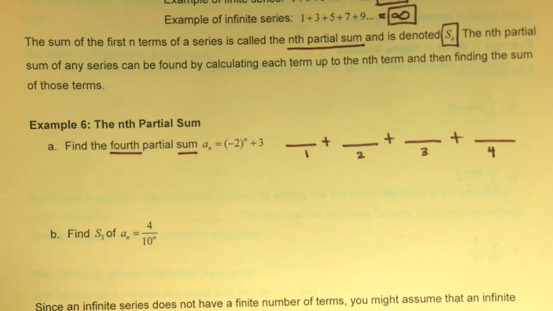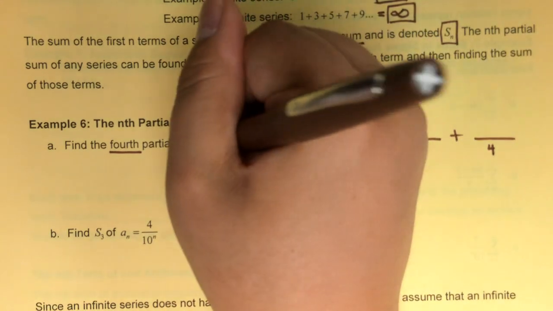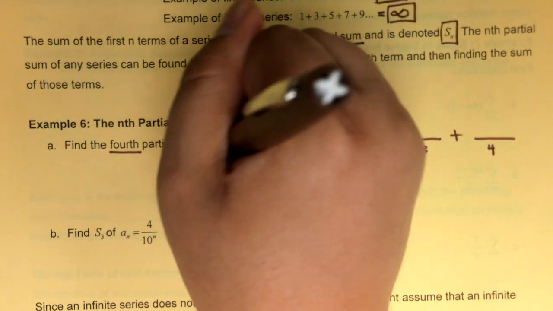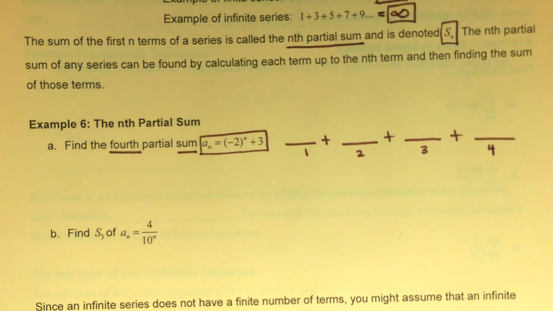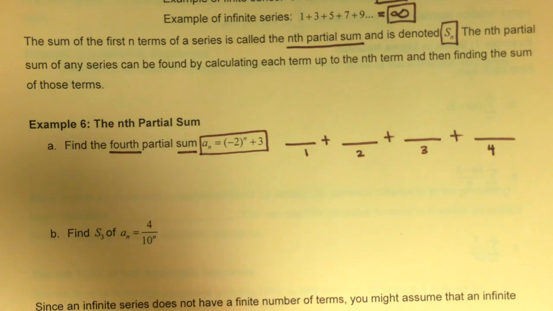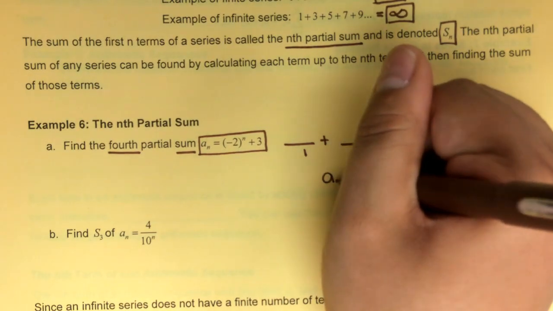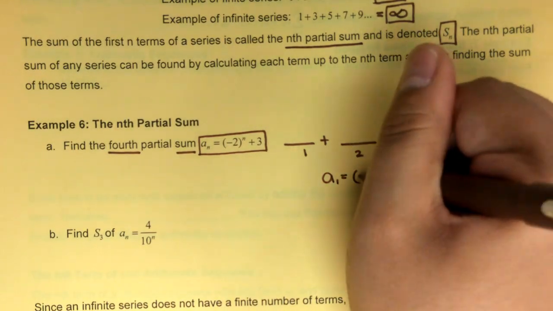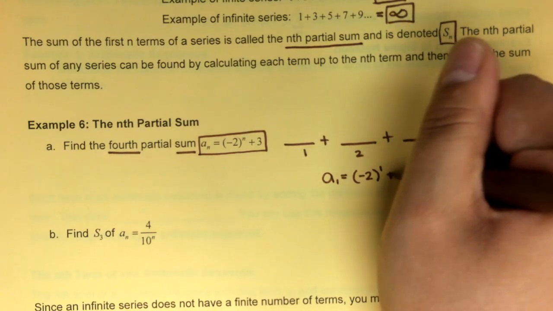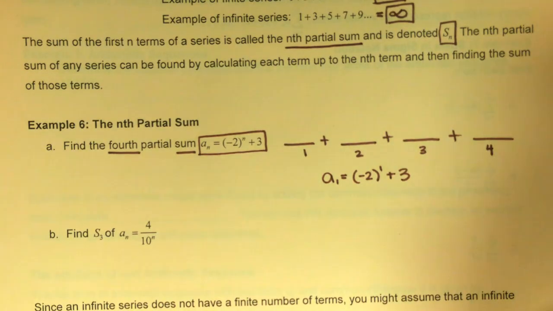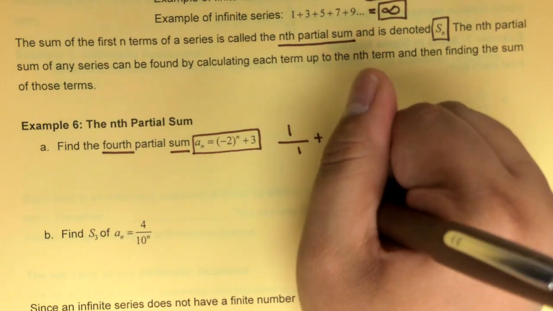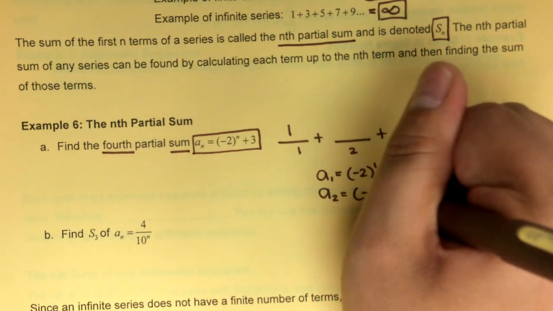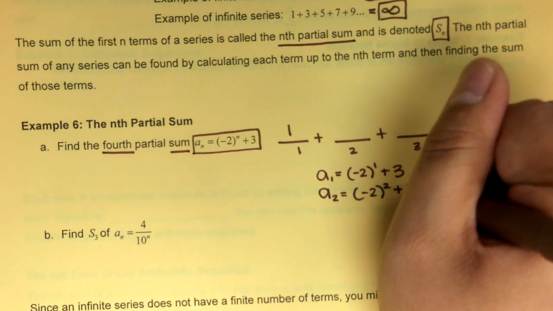Well, how do I figure out what the first 4 numbers are? Start with 1. What is a of 1? Negative 2 to the 1 plus 3. 1. Negative 2 squared plus 3.